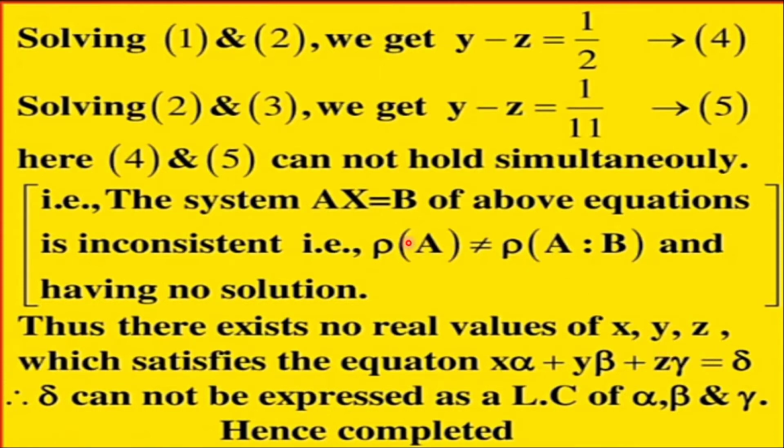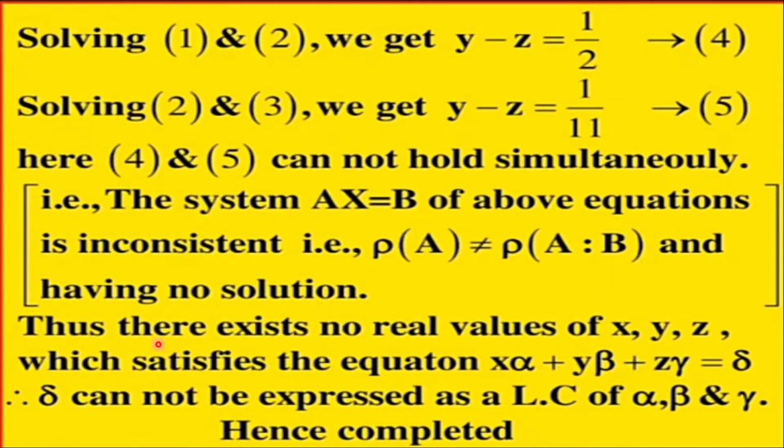This problem can also be solved as follows. The system Ax equals b of the above equations is inconsistent, meaning it has no solution. We find the rank of A and the rank of the augmented matrix AB; if the rank of A is not equal to the rank of AB, then the system has no solution.